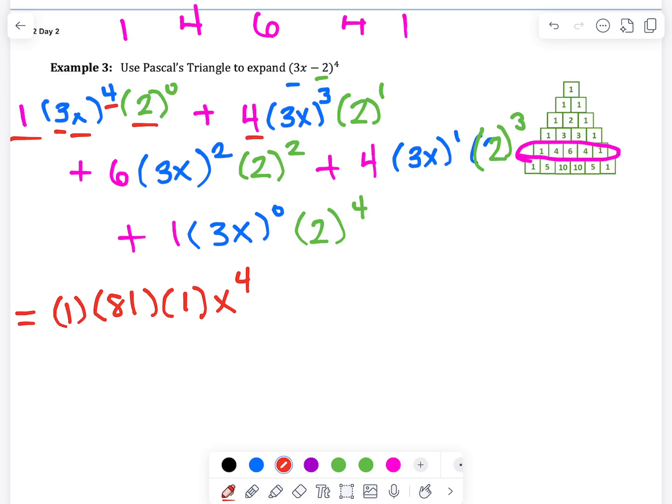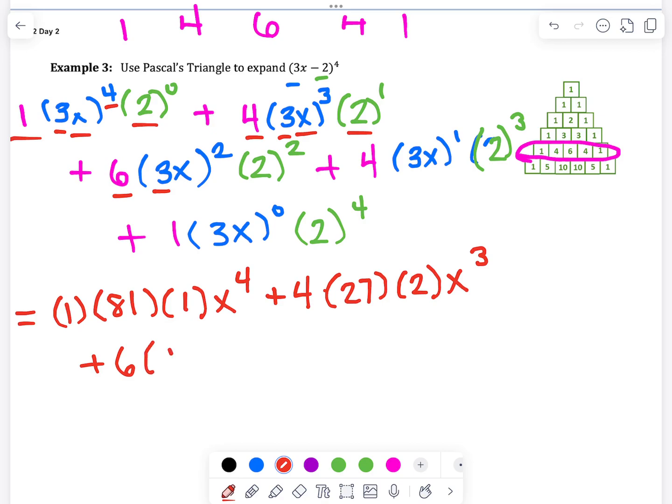Then we have 4. 3 to the 3rd is 27. 2 to the 1st is 2. And then x cubed. Go to the next term, 6. 3 squared is 9. 2 squared is 4. And then x squared.